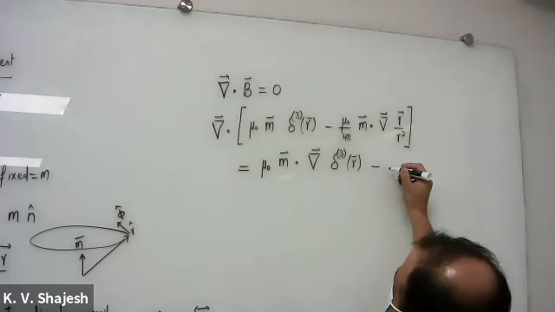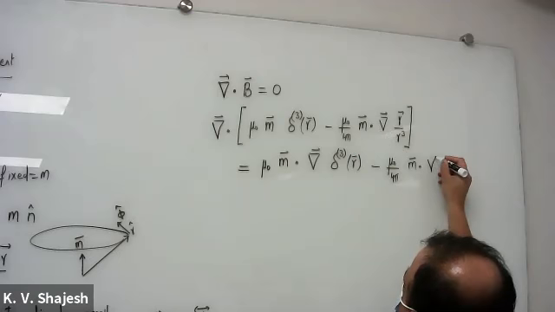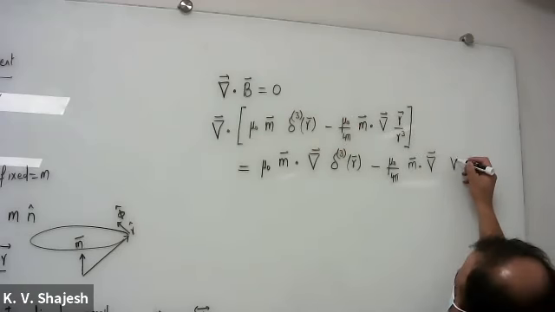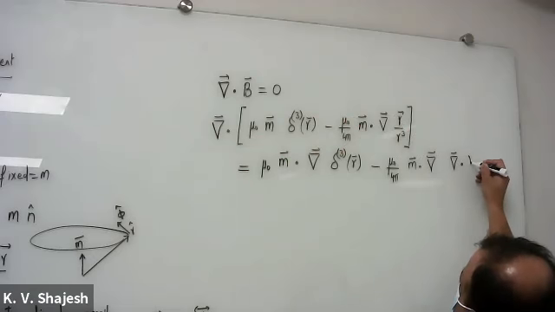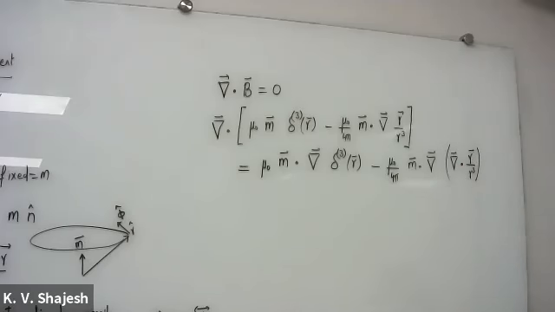And what we have is minus mu naught over 4 pi m dotted with the gradient. But this gradient operator acts on that free vector, which is nice because we already said that that's the electric field due to a point charge.